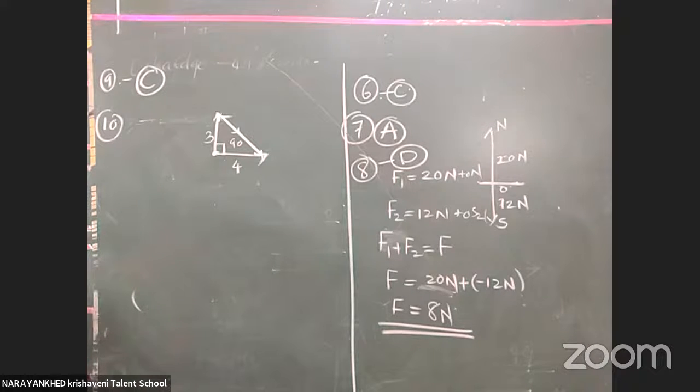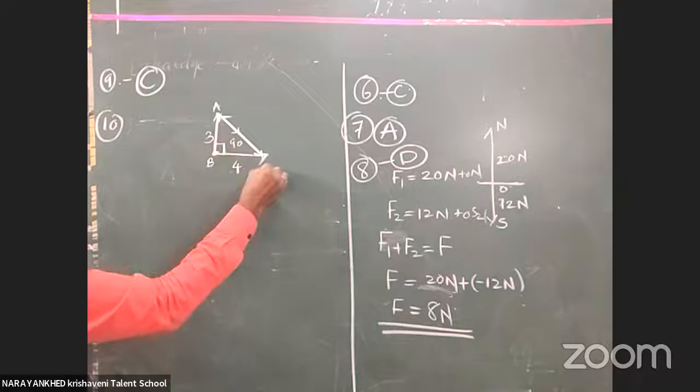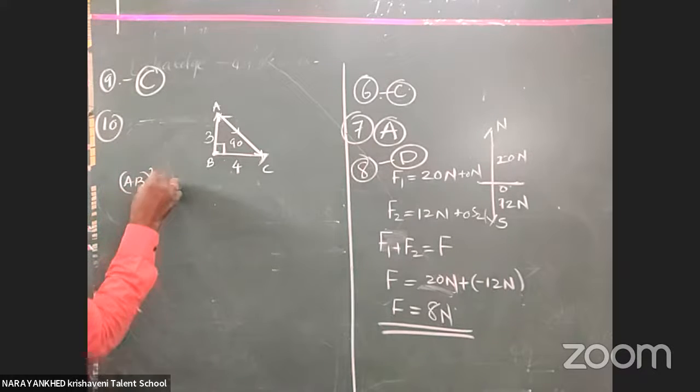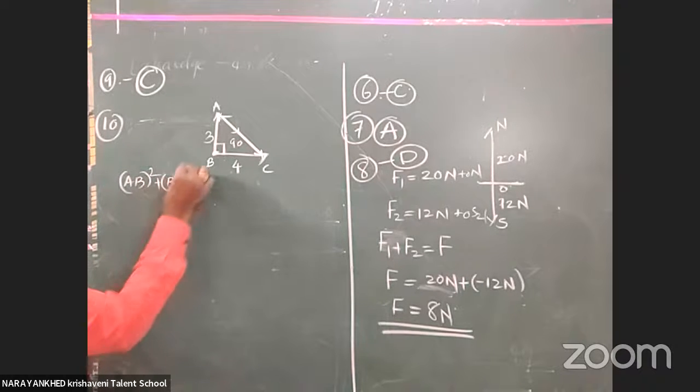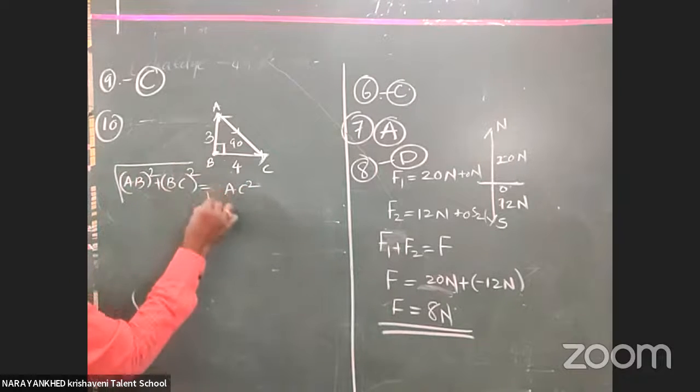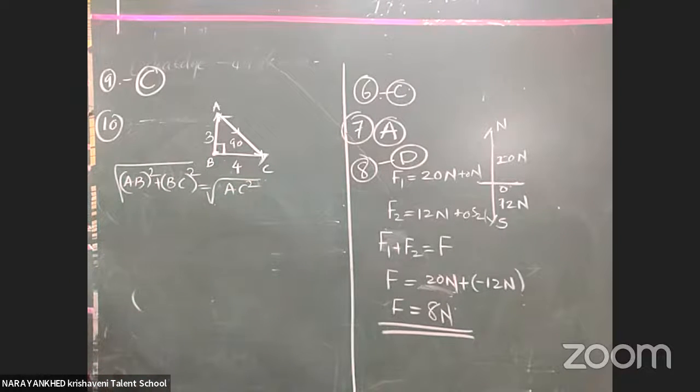Now from the Pythagoras principle, you know very well, for AB as well as BC, it is written as AB square plus BC square is equal to AC square, and AC is the square root of that. This is called the Pythagoras principle of a triangle. Okay, clear?